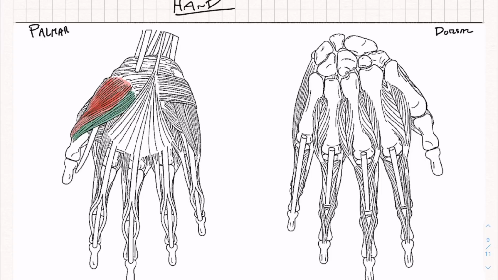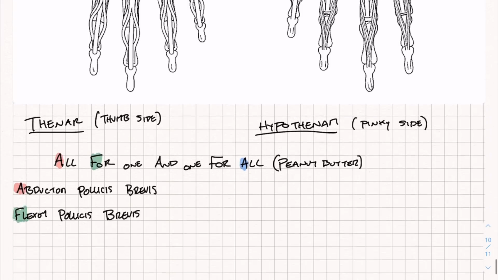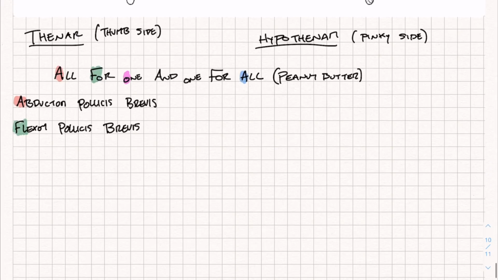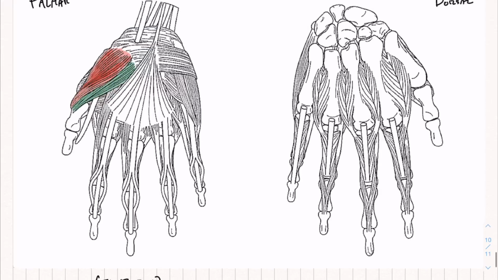Okay, and now we have a muscle that starts with an O. Anytime it starts with an O, it's going to be an oppositional muscle or an opponens muscle. So we call this the opponens pollicis, which just means that this is our opposable thumb muscle. It helps oppose our thumb.